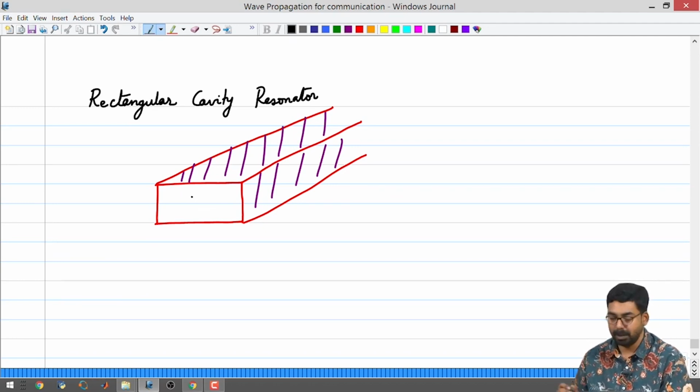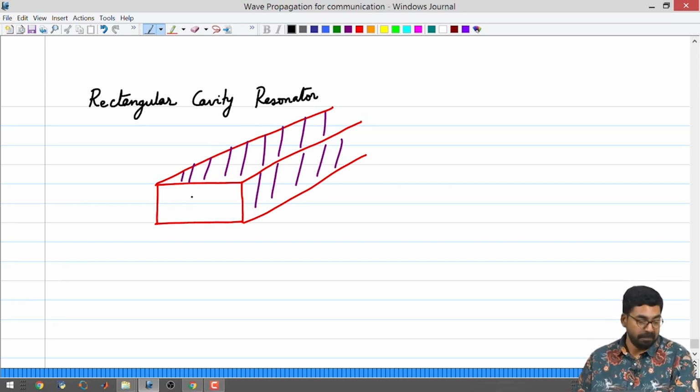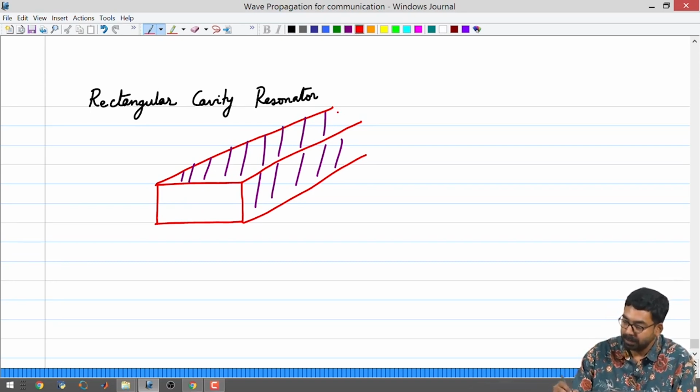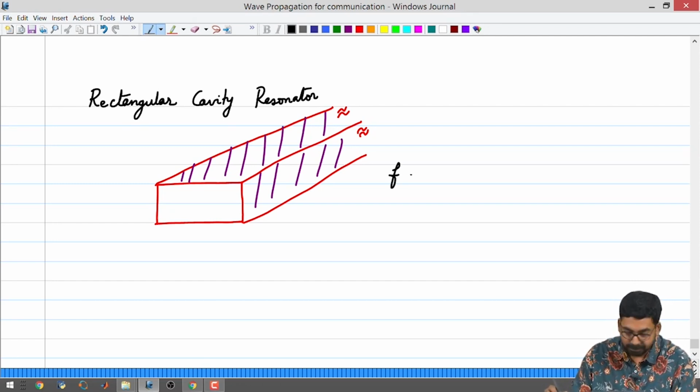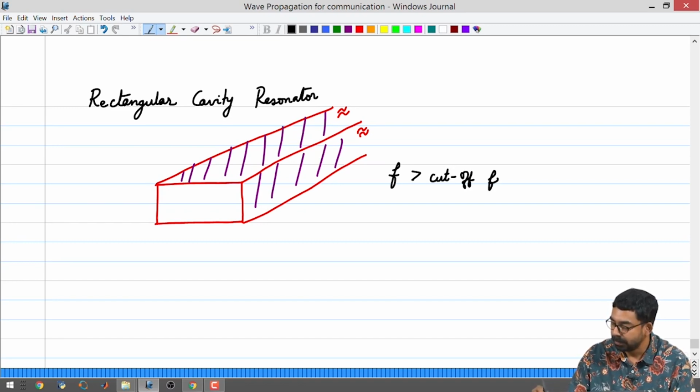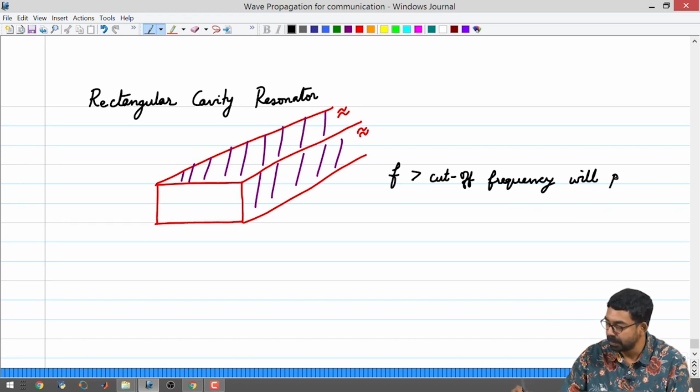It could be vacuum or it could be any other dielectric, right. So, we had seen this particular case, and to summarize what we had seen without going into too many details, we saw that there is a frequency known as the cutoff frequency, and those are the frequencies that will propagate.